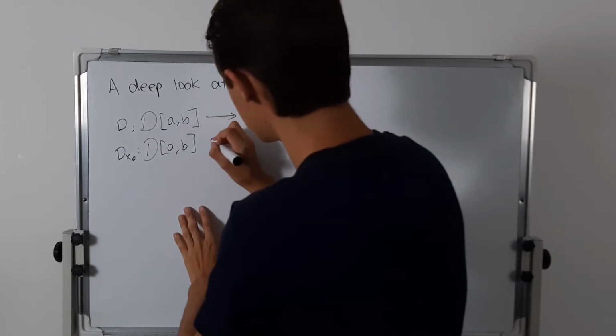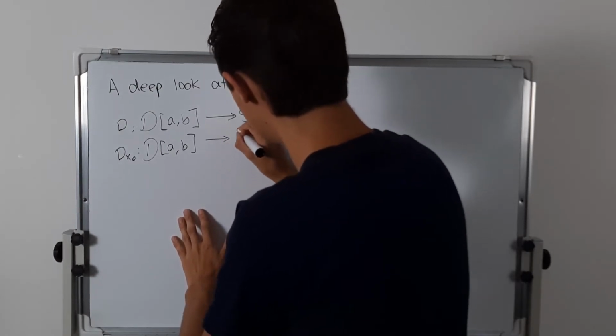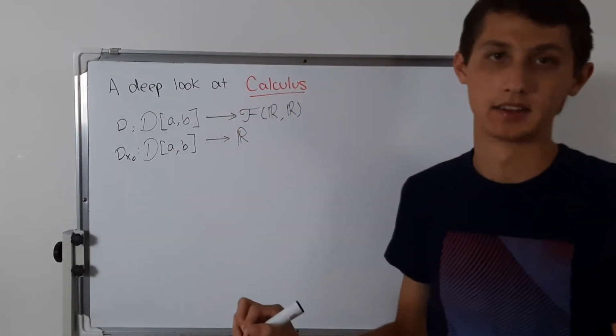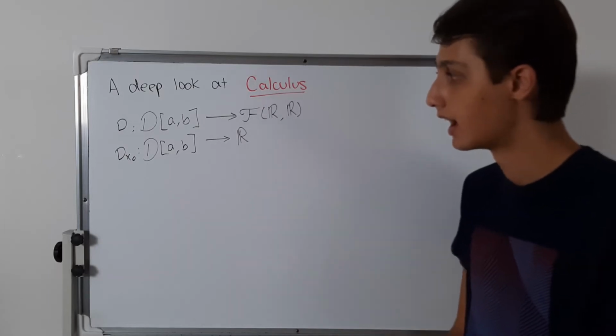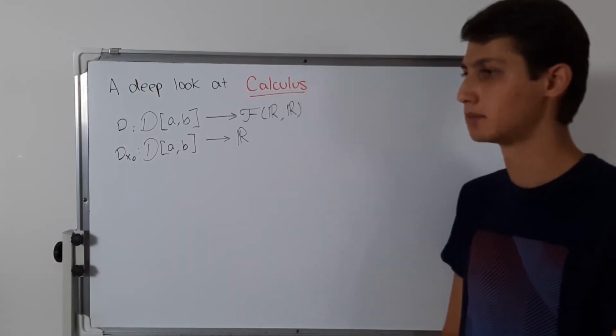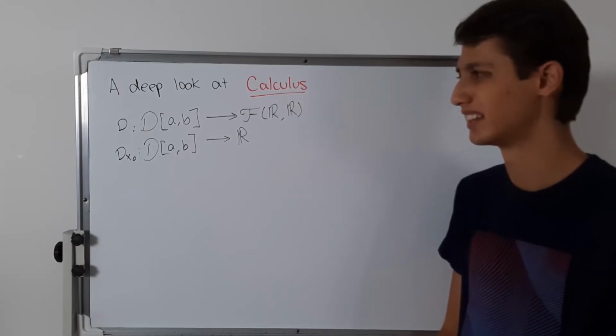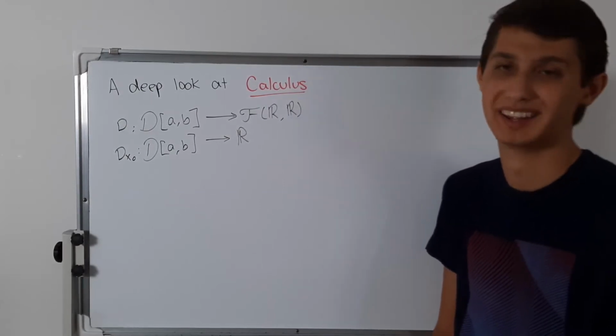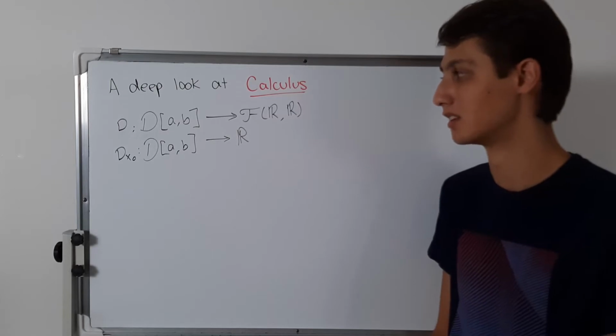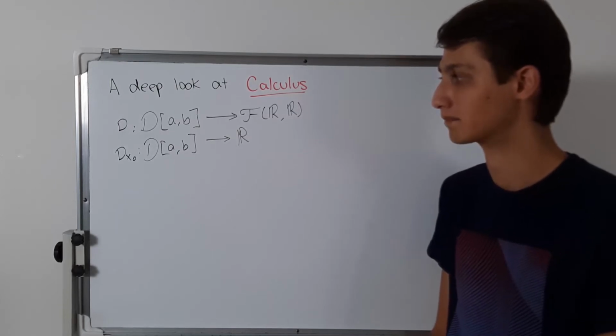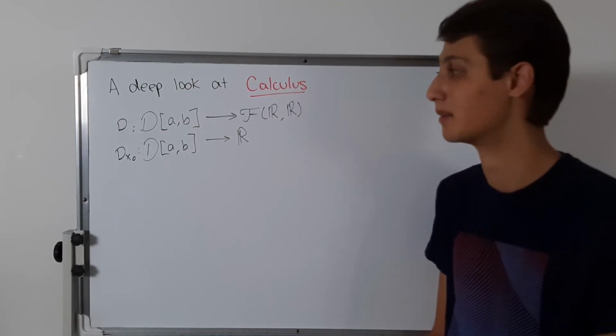And the output is going to just be R, because obviously you're going to have the derivative there. Actually, now that I'm thinking about it, sometimes the derivative is undefined, so I'm not sure where that fits in, but I don't think that impacts anything.